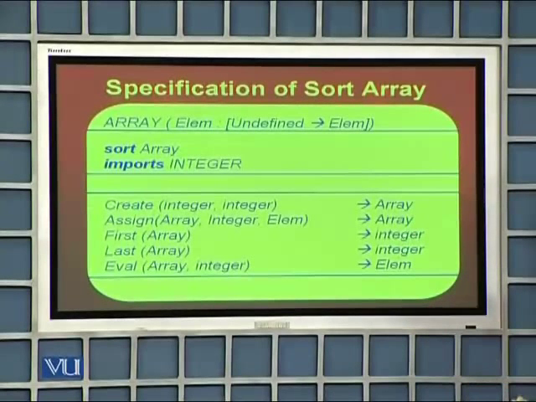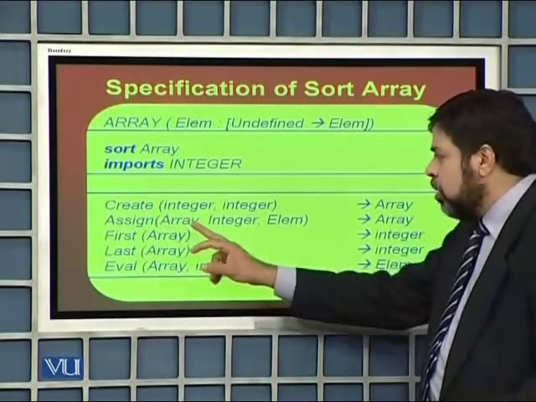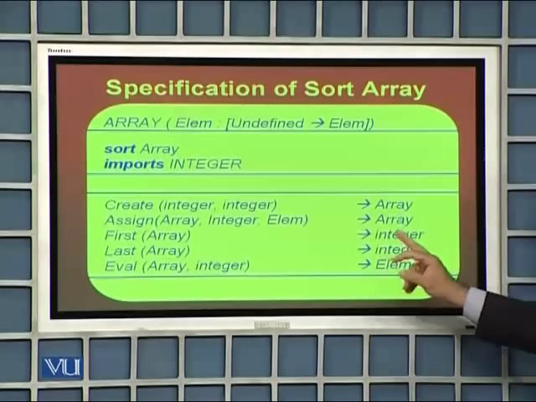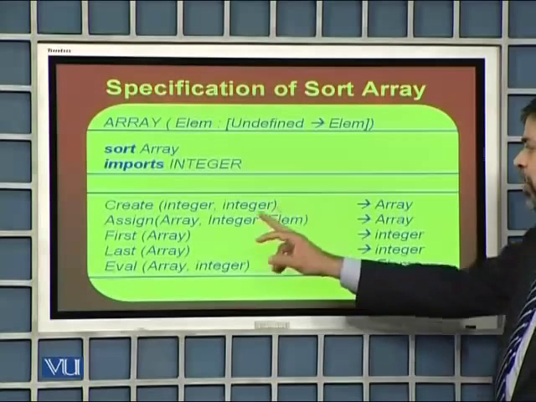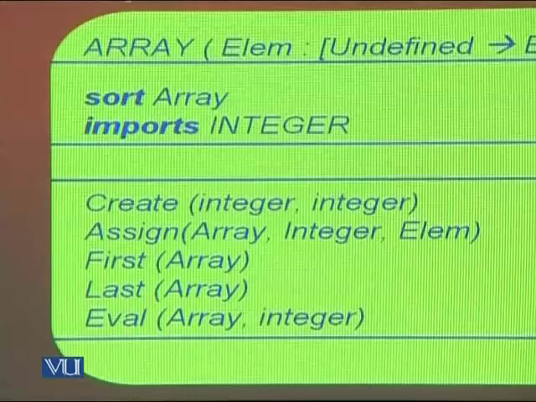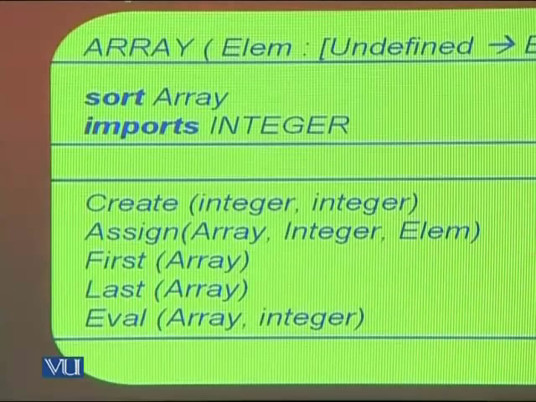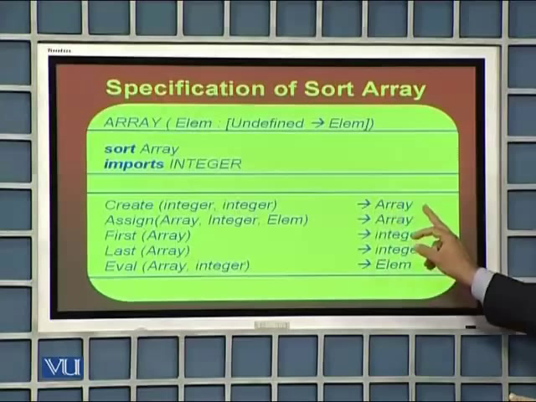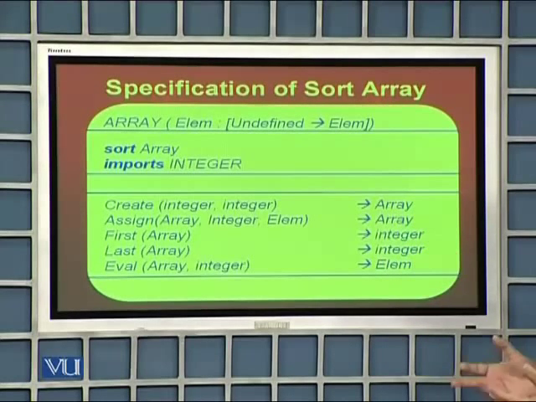It creates a new array, and assign takes this array and updates it and stores this element at the index given by this parameter. So these 2 operations actually modify or create an array. They change the state of the array.